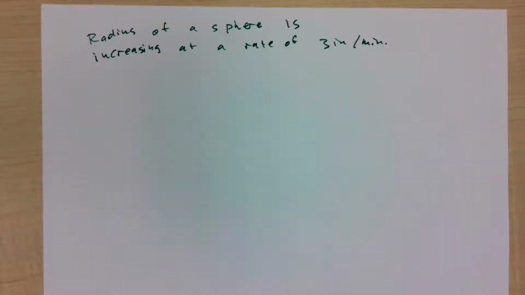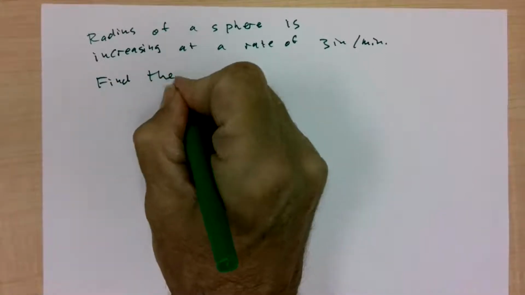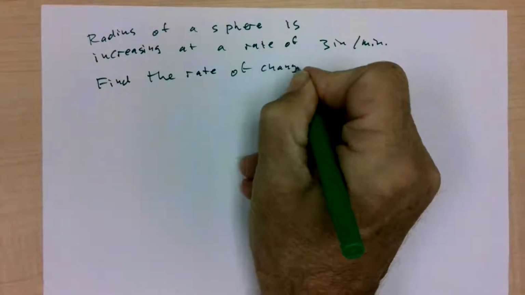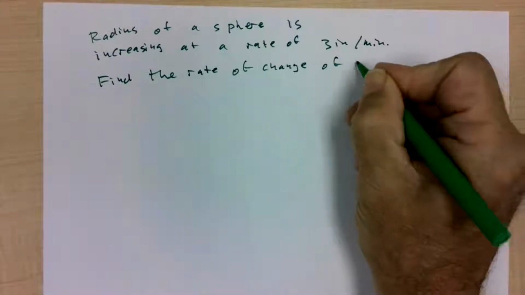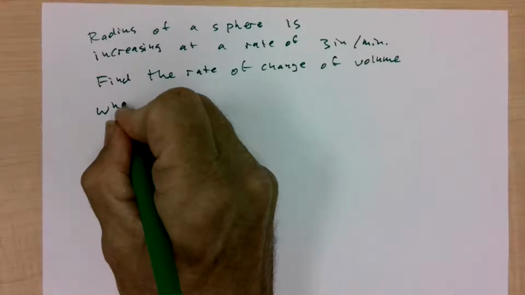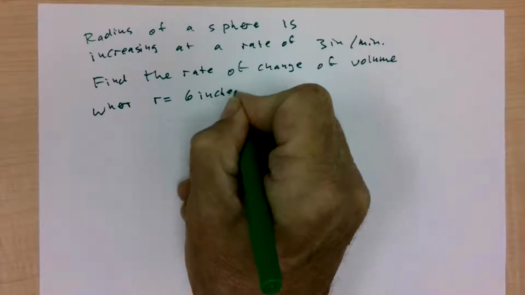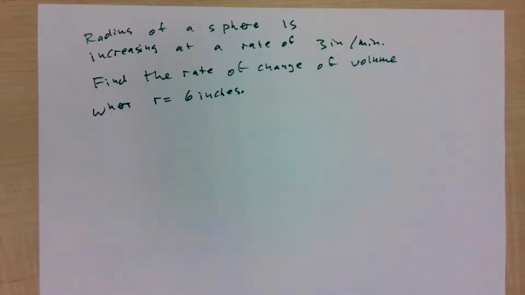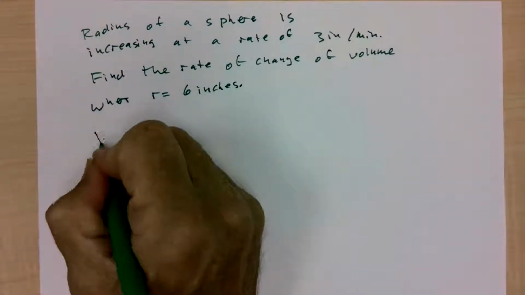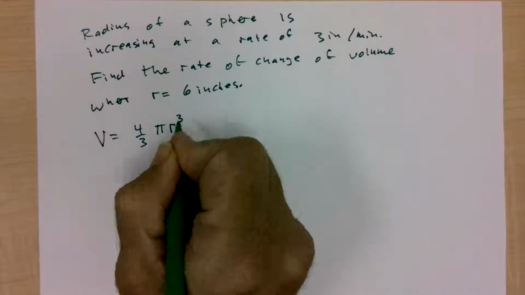Find the rate of change of volume when the radius is 6 inches. If that's the case, we need a formula that relates the volume to the radius of a sphere. So volume V is 4/3 pi r cubed.